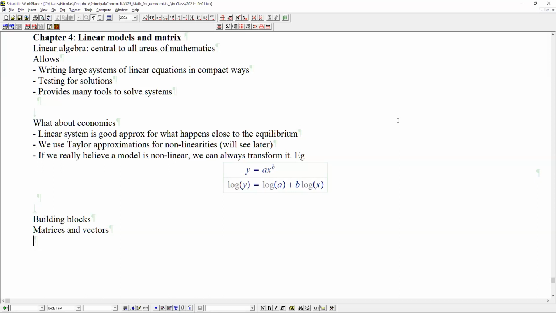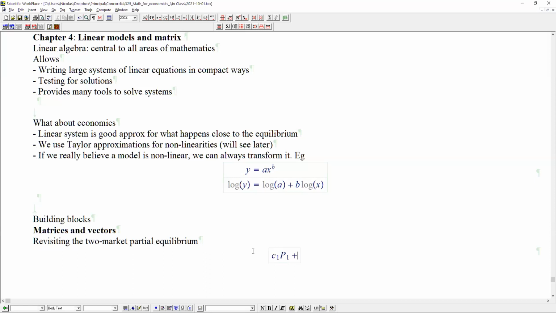Okay, so let's revisit the two market partial equilibrium. So what do we mean by this? All right, so I'm going to write it completely with just parameters.